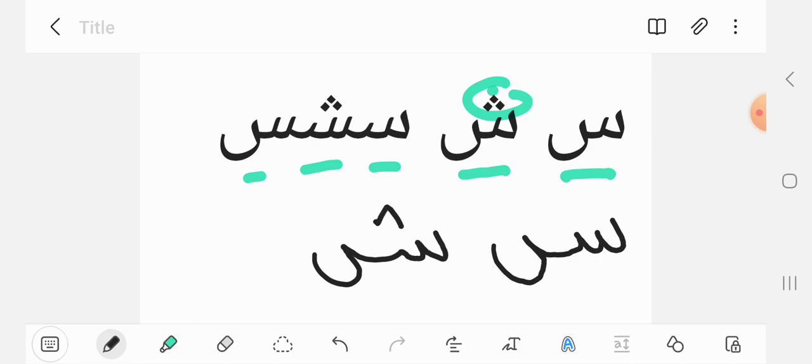The dots, you have the option of the dots to be like this, or if you see this shape, it means three dots. Okay, that's Sin and Sheen. Just remember one thing right here, when you handwrite Sin and Sheen, you have to add this little extension to distinguish the Sin and Sheen from any other Arabic letters.